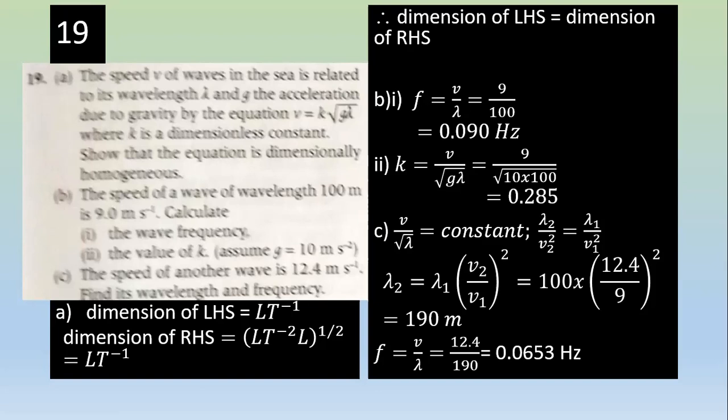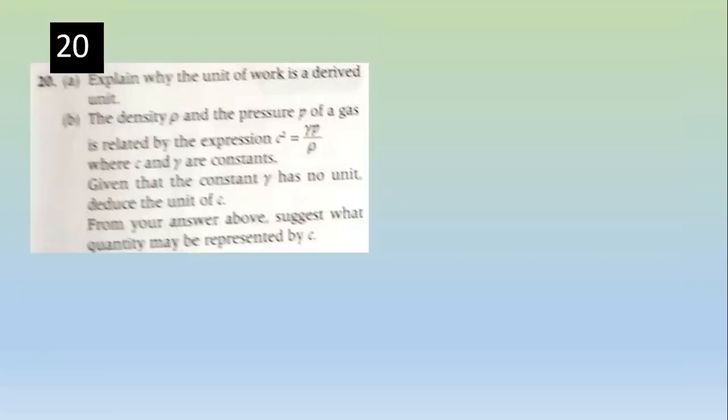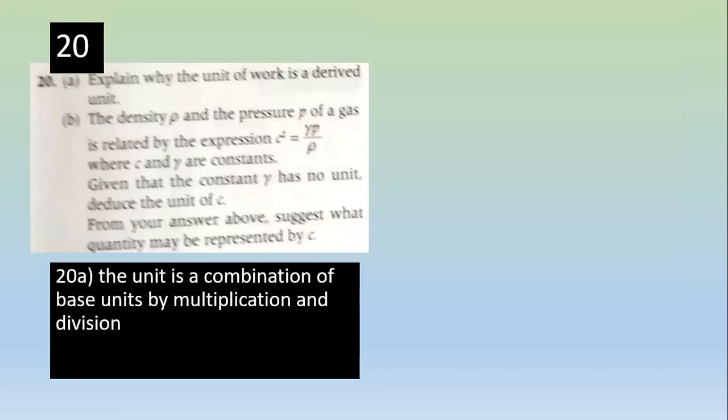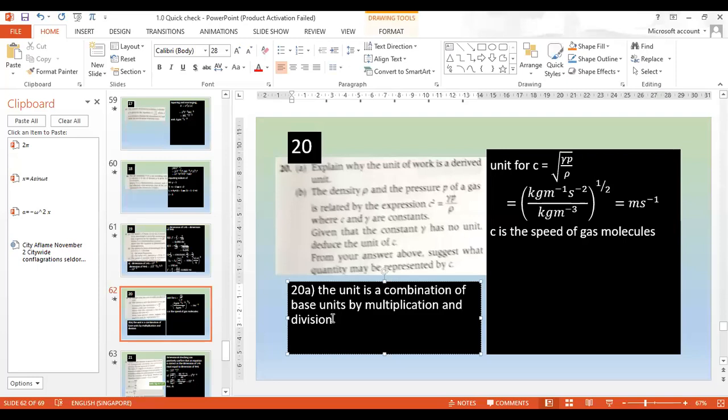Number 20. Explain why the unit of work is a derived unit. Right? A unit is a combination of base units by multiplication and division, or both. That's why we call it a derived unit.